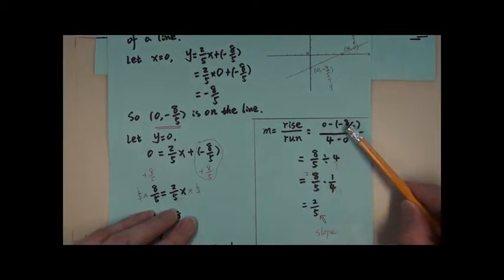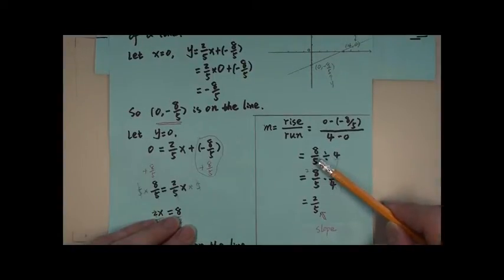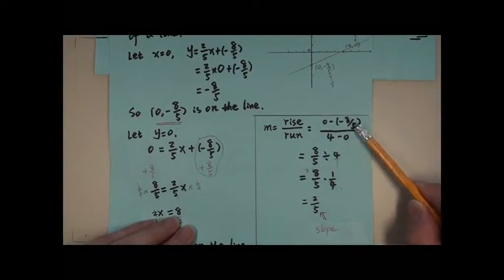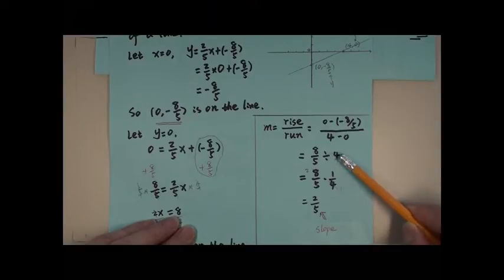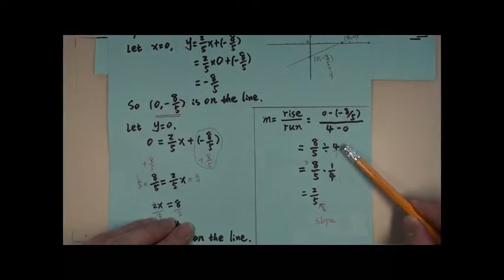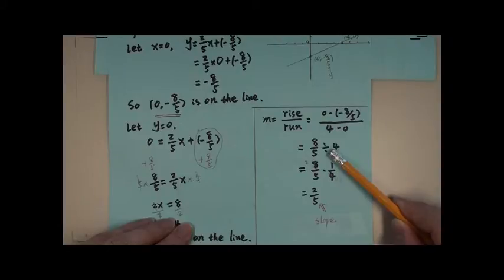And negative negative is positive 8 over 5. 8 over 5 divided by 4. Remember, divided by 4, there is a 1 below the 4. Division means you flip it, so 4 over 1 becomes 1 over 4. You multiply those two together.